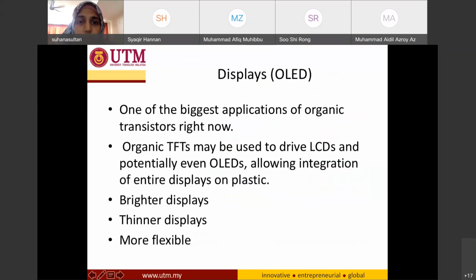If you look at displays, one of the biggest applications of organic transistors right now, like I mentioned, it started with display, the screen on your TV. That is how it becomes thinner compared to the previous Sony model. Organic TFTs may be used to drive LCDs and potentially even OLEDs, allowing integration of entire displays on plastics. So it has a brighter display, it's thinner and more flexible.